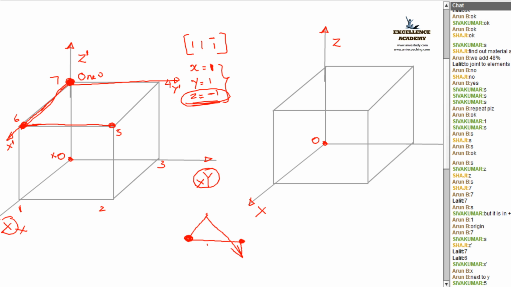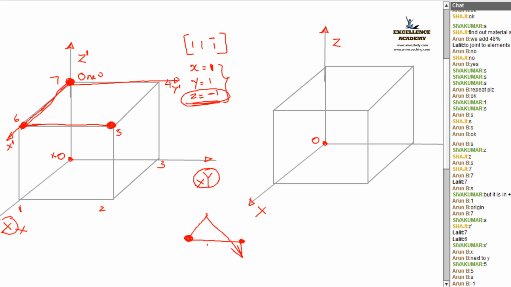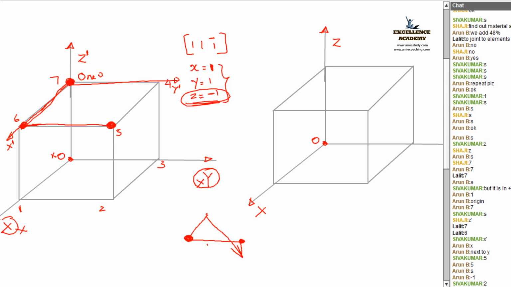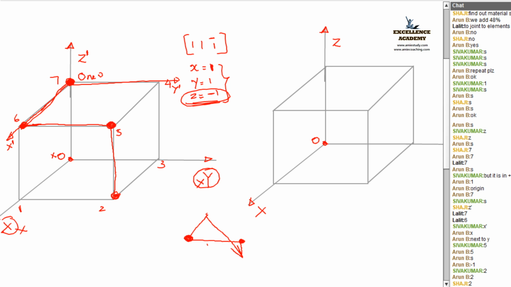Clear to all? Then from this point, you have to check what is the value of z. Z is equal to -1. That means minus z axis is where? Yeah, down, isn't it? That is, you have to reach the 2. Got it? So I reach this point. Next up is what? Join the initial point and final point.